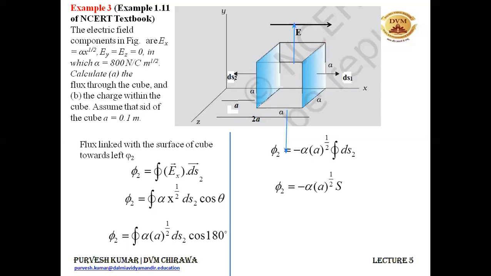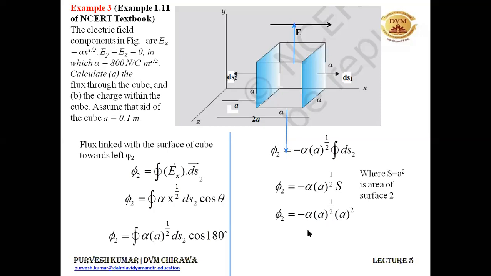So in place of this S, I can easily write A square, because S is the area of surface 2, and this surface has an area A square. So I can write it like this. So it should be A square. Solving it out, this is A square, this is A to the power half.